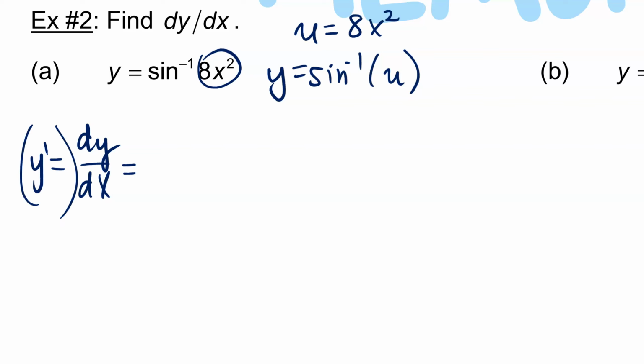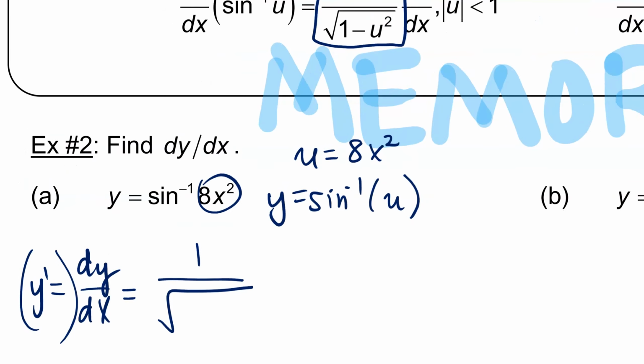So derivative of sine inverse is 1 over square root of 1 minus u squared. So 1 minus, and remember my u is 8x squared. I need to make sure that's all under my radical. And then I have to multiply by.